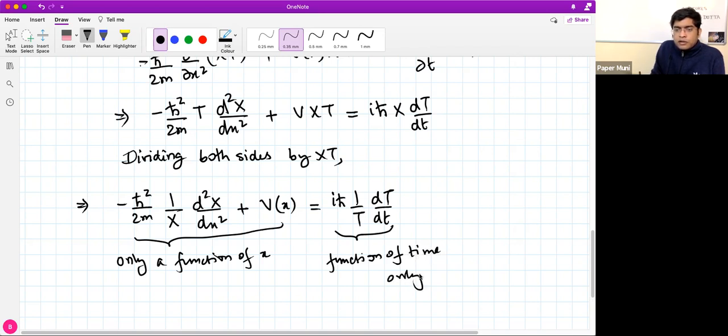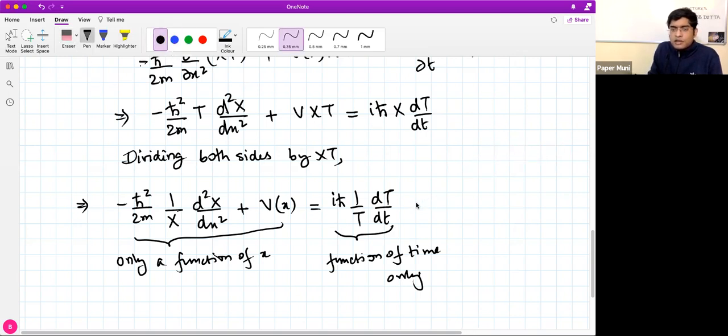Okay, so if two functions are, say this is a function of x and this is some function of y, these two functions will only be equal if both are constants. All right, similarly here both sides are equal to some constant.